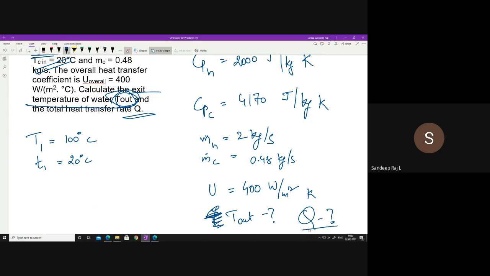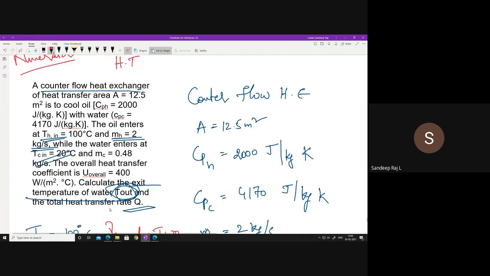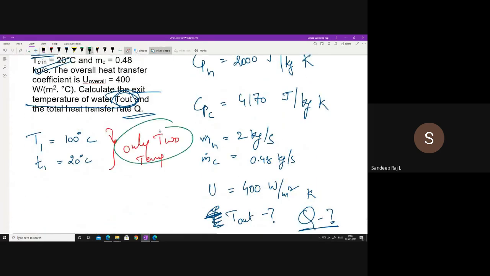This is the question. If you carefully look at this question, how many temperatures do you have in this? Only two temperatures. Whenever only two temperatures are given to you in the question, you have to understand that this is an NTU based question. Only two temperatures are given, so you should go to NTU.